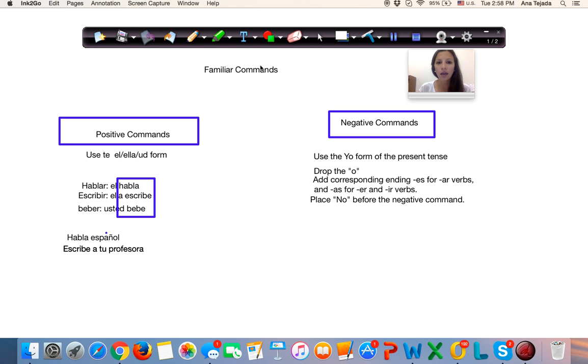We're going to have an ES ending for AR verbs, and an AS ending for ER and IR verbs. Okay? And then we're going to place the word no in front.